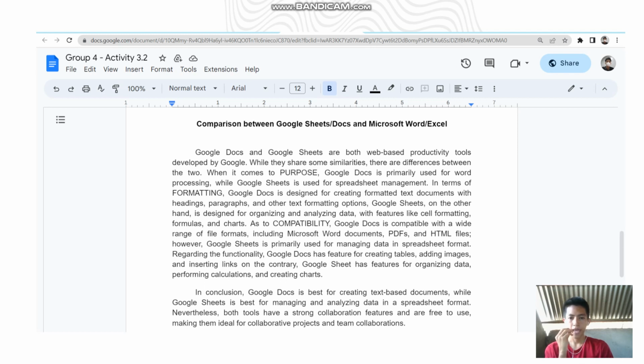formulas, and charts. As to compatibility, Google Docs is compatible with a wide range of file formats, including Microsoft Word documents, PDFs, and HTML files. However, Google Sheets is primarily used for managing data in spreadsheet format. Regarding functionality, Google Docs has features for creating tables, adding images, and inserting links.